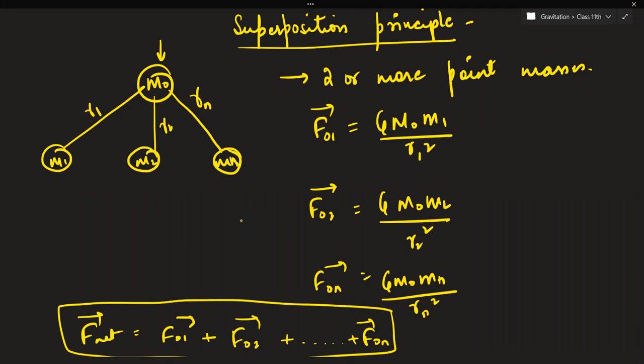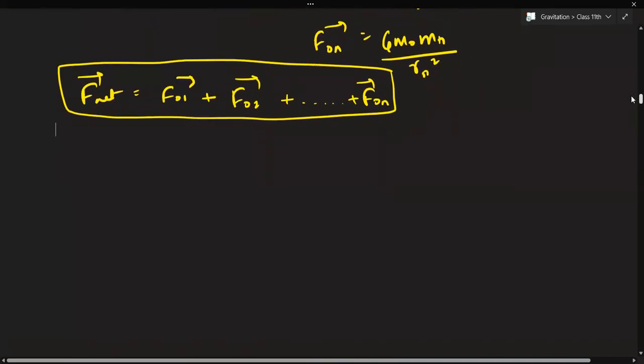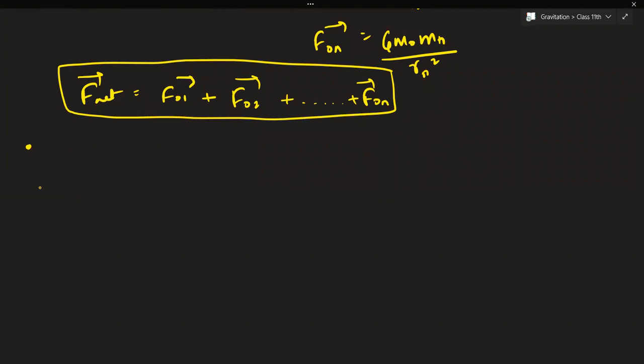And class, this is a very helpful principle if quantities are vector. And this is not just valid for gravitation. In so many lessons, in so many physical quantities, you can use the superposition principle when valid. So let me write down the statement for it.